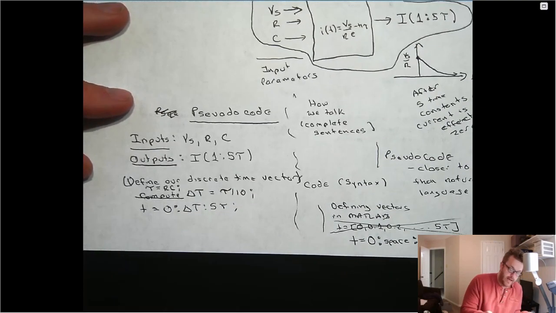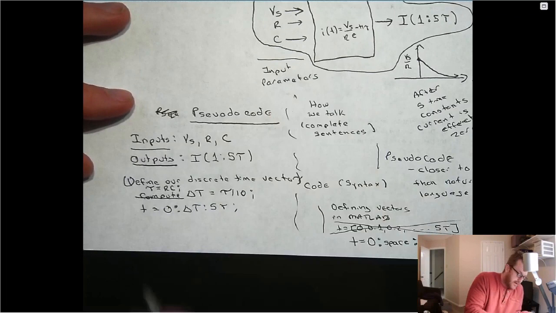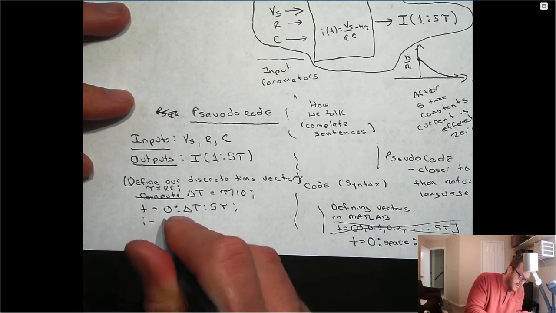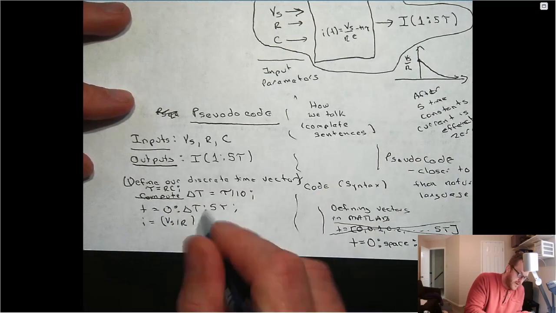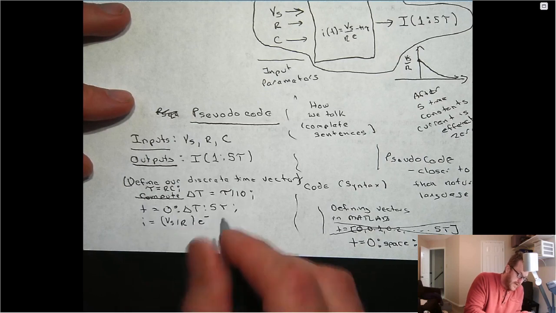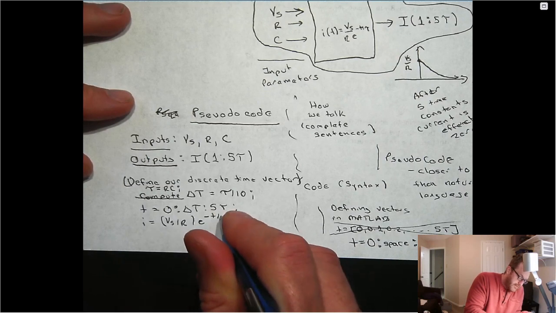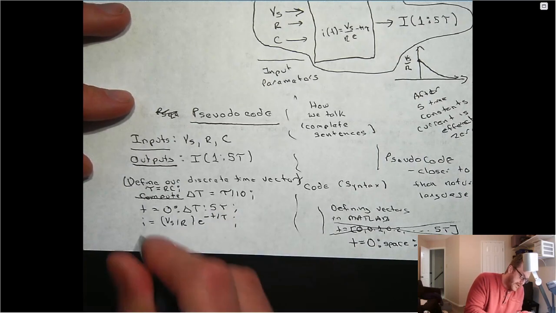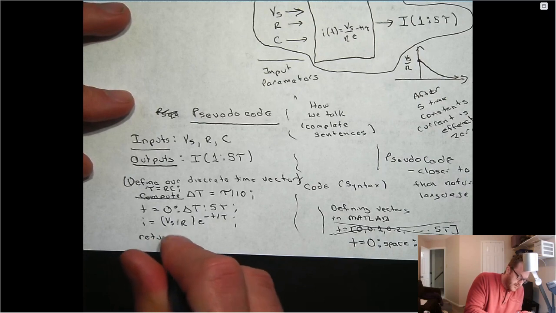And then I'm going to compute my actual current value using this formula. So I equals Vs divided by R, and then I will just use the exponential function. Then I will take my values of t for the vector, divide by tau, and make that computation. And then I will simply return I.